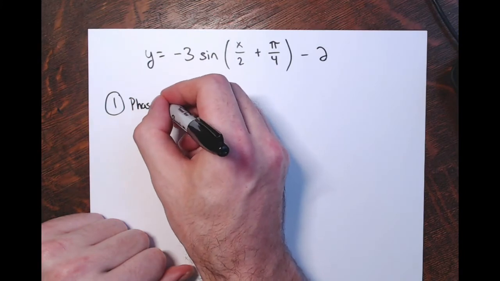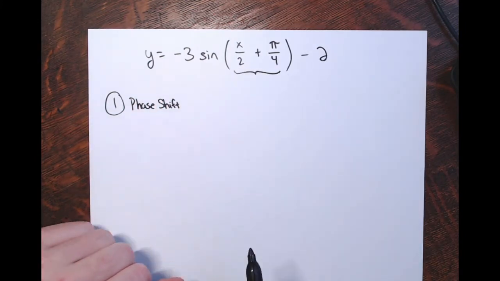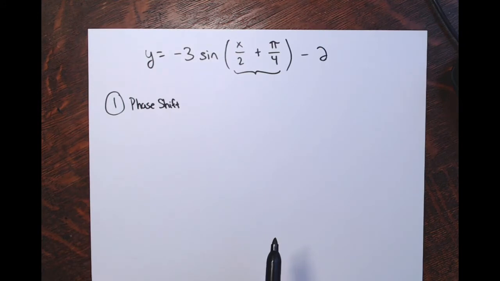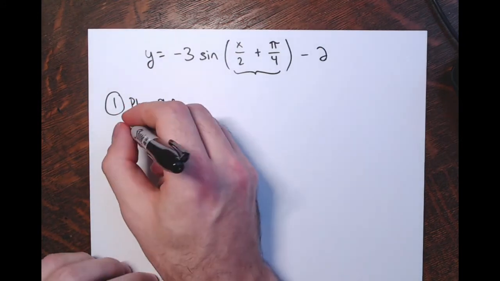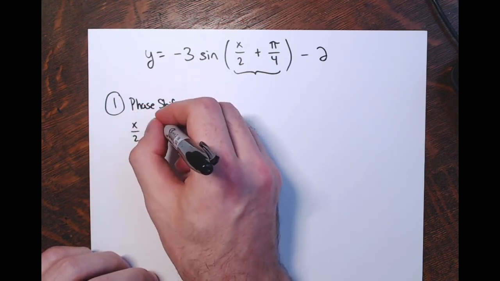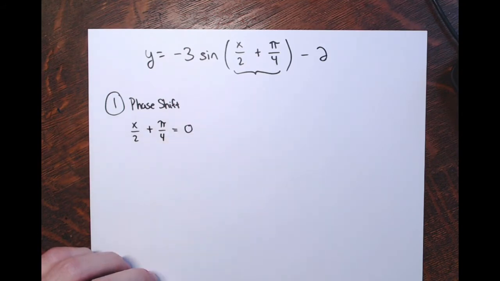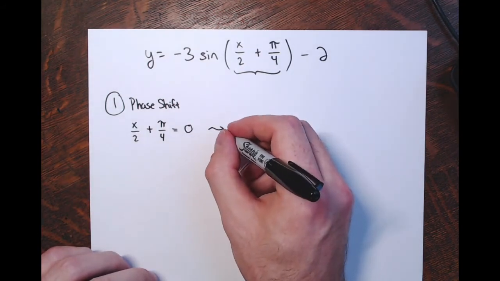Now the way I determine that, take this expression inside the sine there, x divided by 2 plus pi over 4, and say, hey, when is that equal to 0? And you solve.